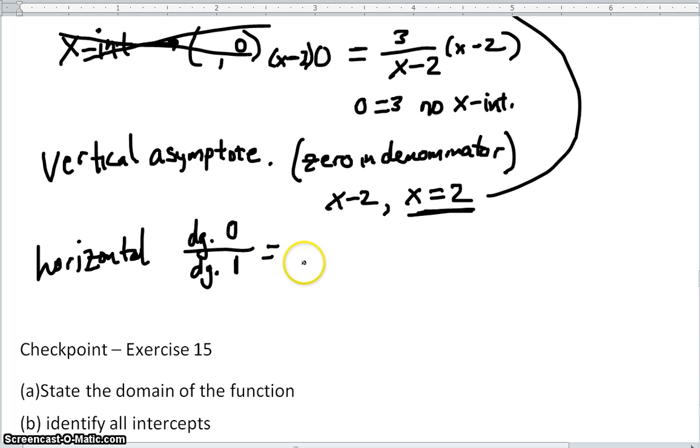So if you have a degree 0 over degree 1, that means that we have a higher degree in the denominator. So that means that this curve follows the x-axis, which means the line y equals 0 is a horizontal asymptote.